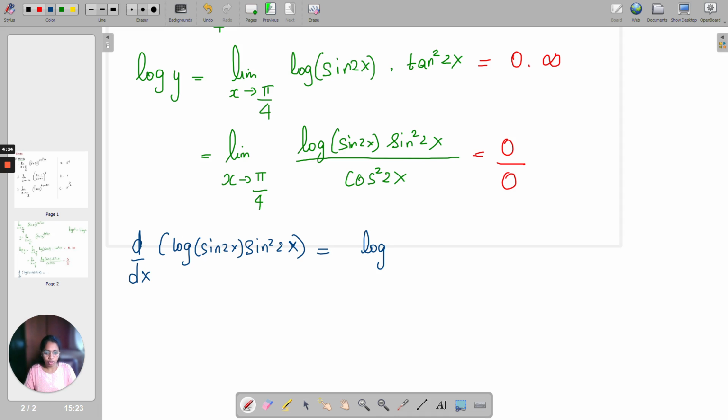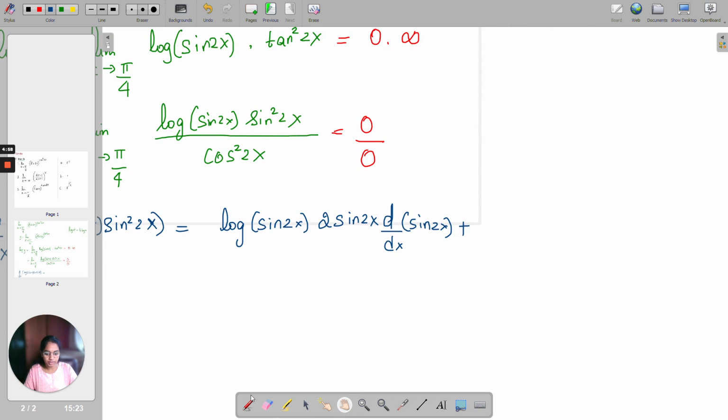Let me keep log of sin 2x as it is. Yes. Now differentiation of sin square 2x, that is 2 sin 2x into d by dx of sin 2x. Yes. Now again plus, since it is a product rule, it is a plus. Now let me keep sin square 2x as it is and differentiate log of sin 2x.